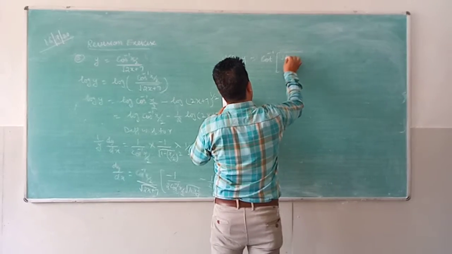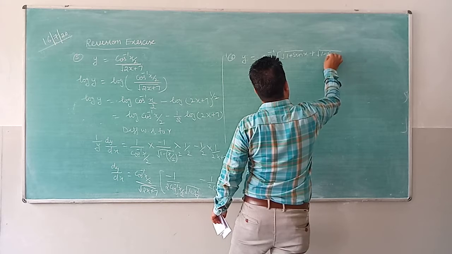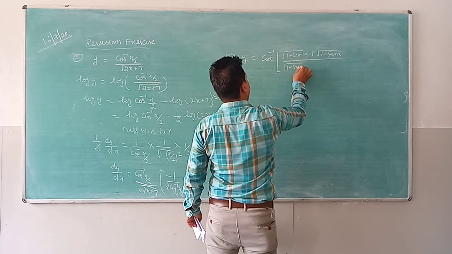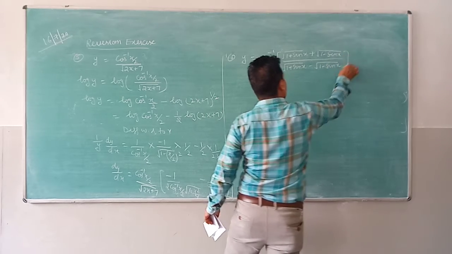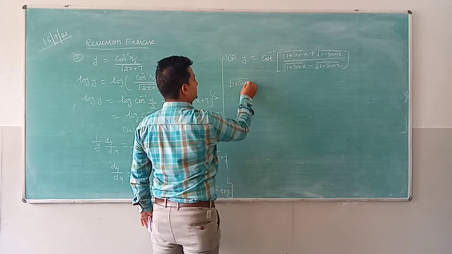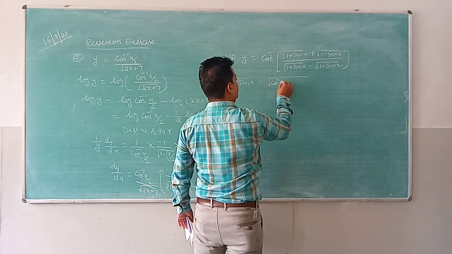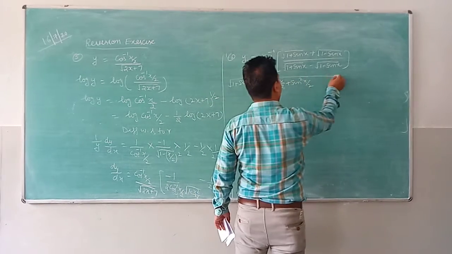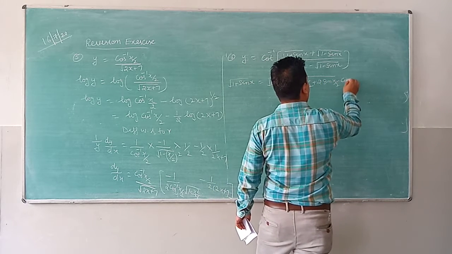Here we use 1 + sin x equal to cos²(x/2) + sin²(x/2) + 2 sin(x/2) cos(x/2).